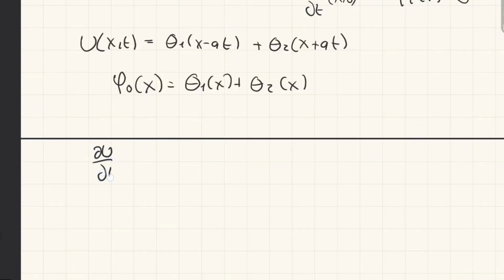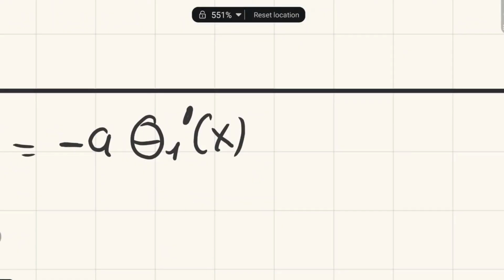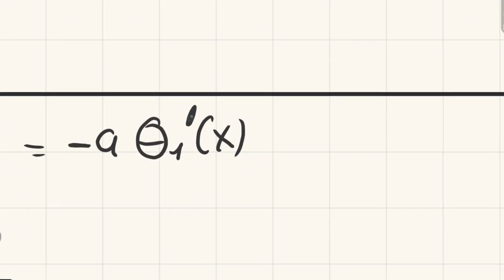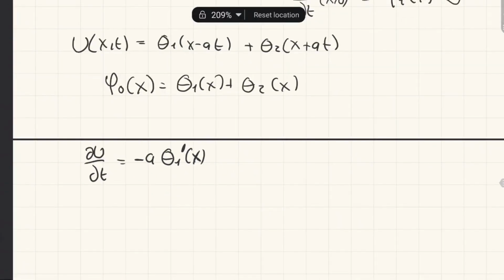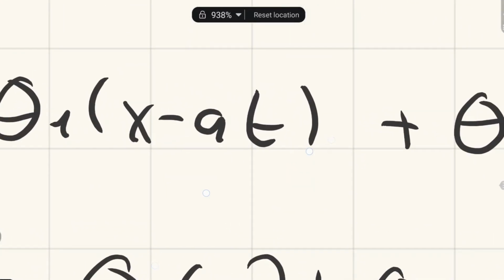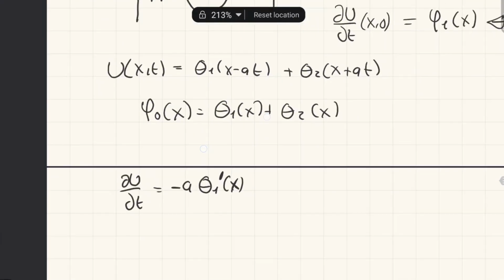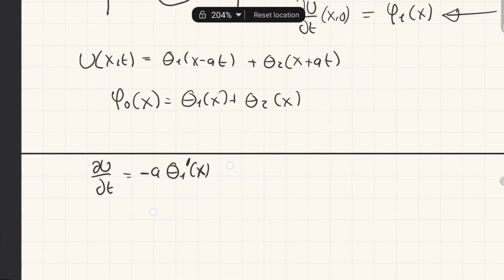The derivative of u with respect to time is going to be minus a, theta 1 prime of x. You should remember that the prime notation means that you are taking the derivative with respect to the whole argument of the function, right? So that's why I just write x here. And then the derivative with respect to time of the argument is minus a. So that's why I'm multiplying by a here.